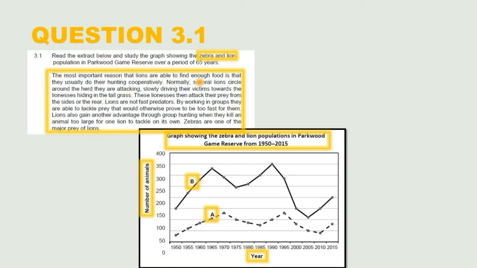Usually they work in a group and they have to surround a herd that's much larger, so the numbers are much more than theirs. If we want to know which one of A or B is the prey, the prey will always be higher in comparison to my predator. Otherwise, if my predator is higher than my prey, the numbers of my prey will decrease significantly. And straight after that, it will influence the number of predators available as well.